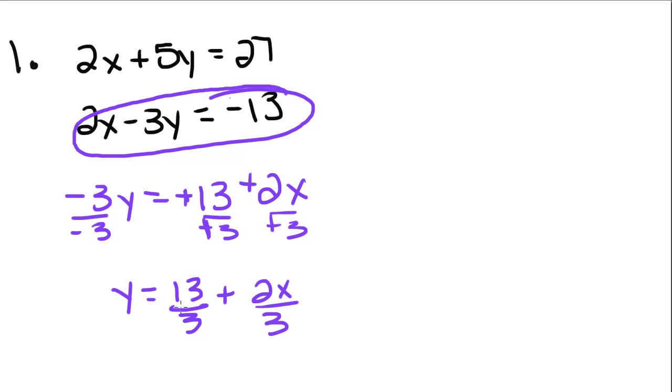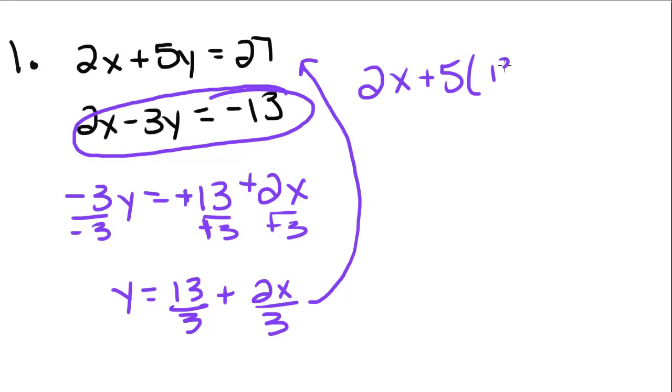So now that I have this solved for a variable, I'm going to plug this into this equation for y. So I'm going to have 2x plus 5 times 13 over 3 plus 2x over 3 equals 27.